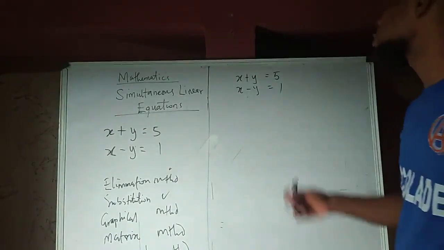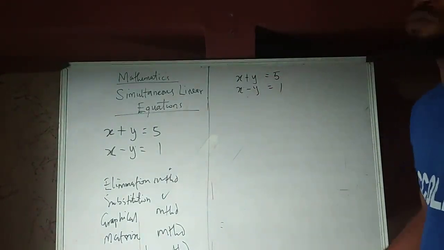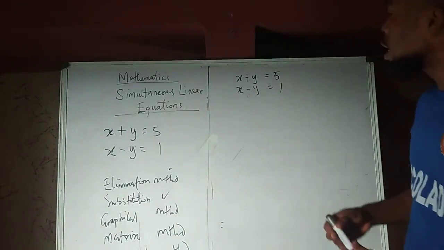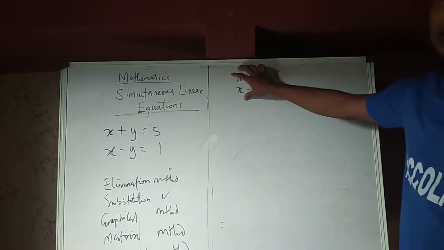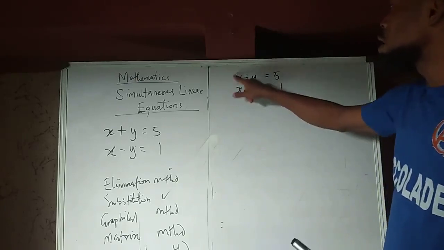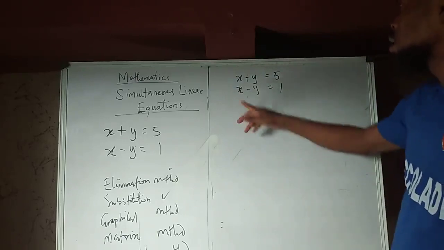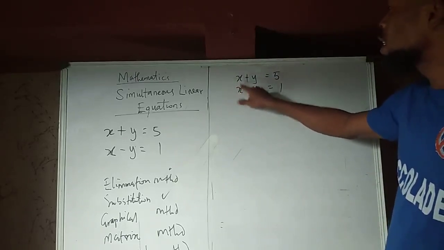Let me show you. So here we have x plus y equals 5, x minus y equals 1. Since the coefficients of x in each of these are the same, let's say we want to eliminate x.